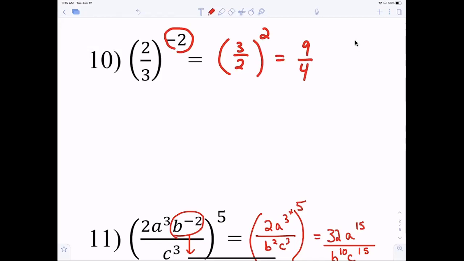Well, I simplify because I know what 3 squared is. Would you make 9 fourths into 2 and 1 fourth? No, we don't. Look, in math, we don't use decimals and we don't use mixed fractions. It's always improper. Always.